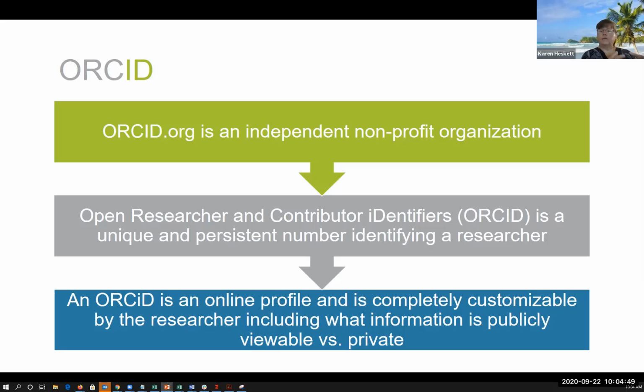If it's all tagged with a unique identifier, it's a little bit easier to get somebody's work in a large collection of articles, books, conference proceedings, whatever you'd like to put onto your ORCiD account. And it is online, and you get to choose what is made publicly available and what is kept private just for you.